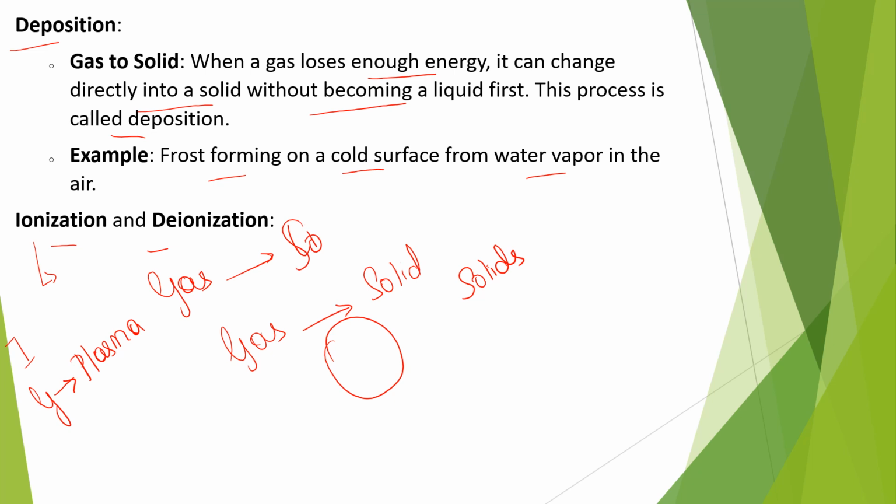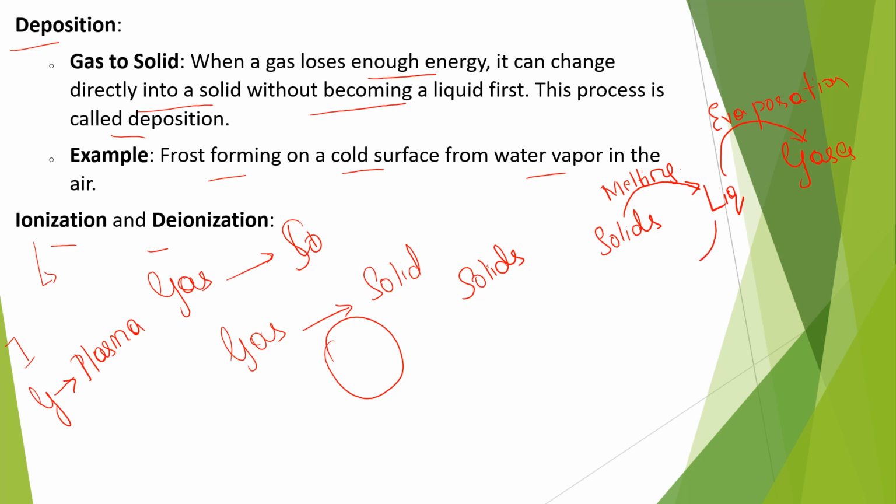Okay, now again, in order to give an overview, there will be solids, liquids and gases, right? So when solids get converted to liquids, that process is called melting, and when liquids get converted to gases, it is called evaporation.